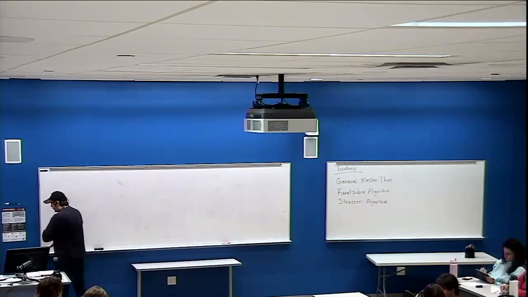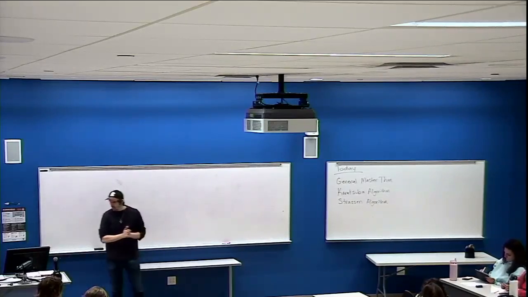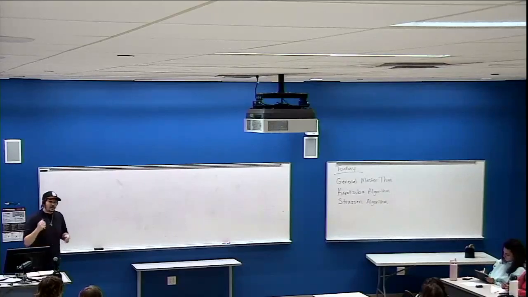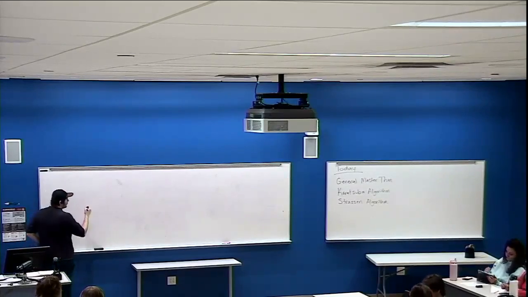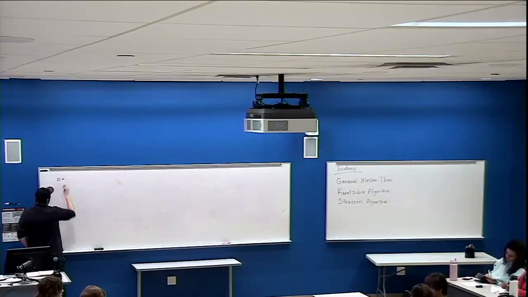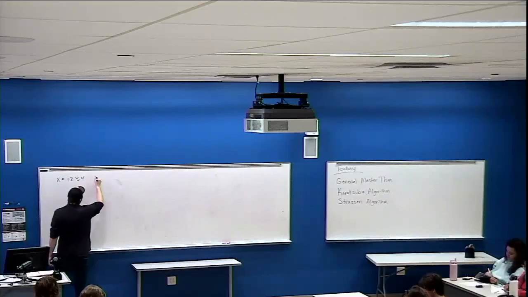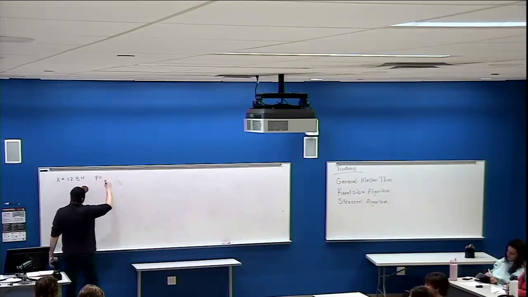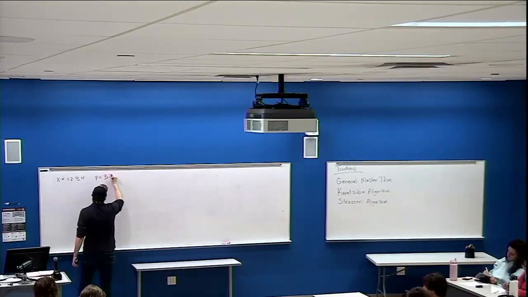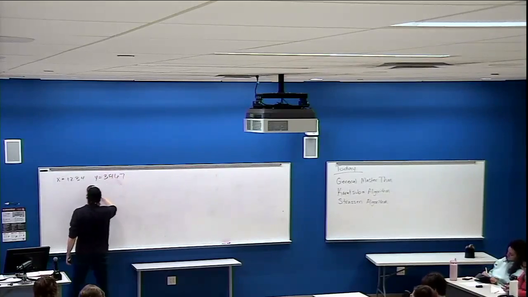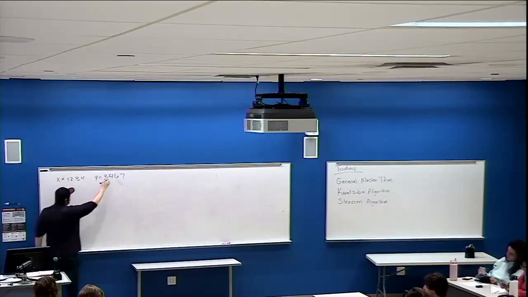Okay, so let's talk about a problem that we do a lot in computer science. Multiplying two numbers. So let's say that I have two numbers, X, which is just going to be some random number, 1, 2, 3, 4, and Y, which is also going to be some random number, 3, 4, 6, 7, sure, whatever, and then we want to multiply these together.